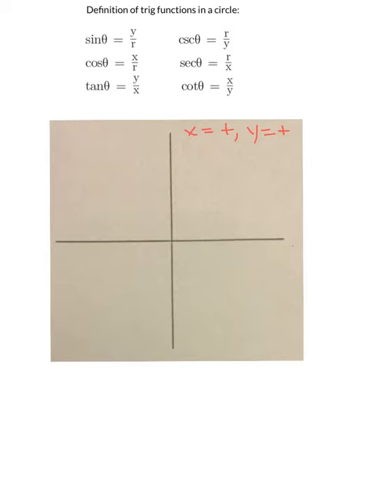Radius of a circle must be positive, so radius is always positive. If you are in quadrant 1 and you are using any combination of x's, y's, and r's where everything is positive, then all your functions are going to be positive. So in quadrant 1, all functions are positive.